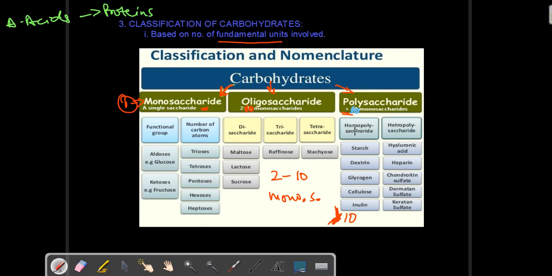Polysaccharides are of different types: homopolysaccharides and heteropolysaccharides. Homopolysaccharides have similar monomeric units. For example, if they are made up of glucose, there are just glucose monomers connected to each other. Heteropolysaccharides have different types of monomeric units being used as building blocks.